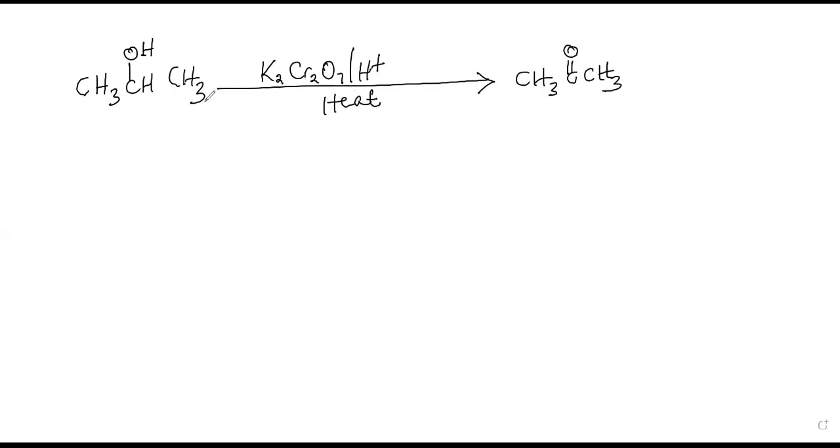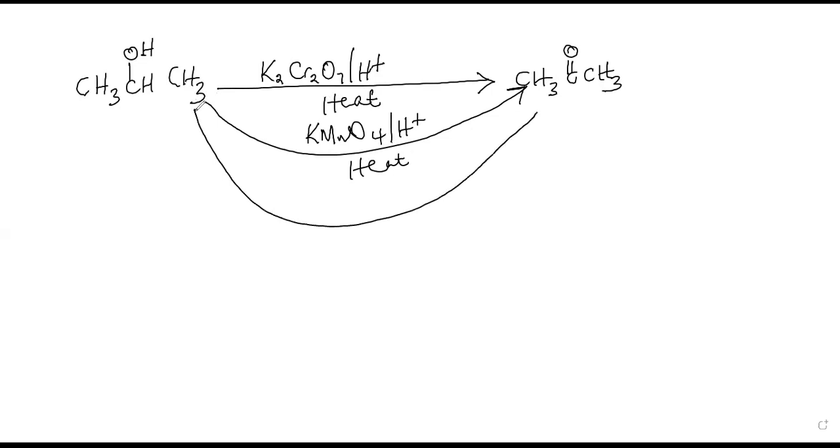Or one also can form that by using potassium permanganate, and we heat. Or we've said that one can use the chromium(VI) oxide, CrO3, H+, then we heat.